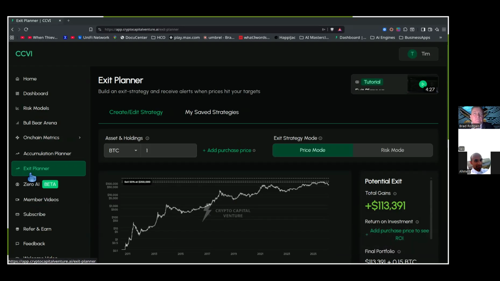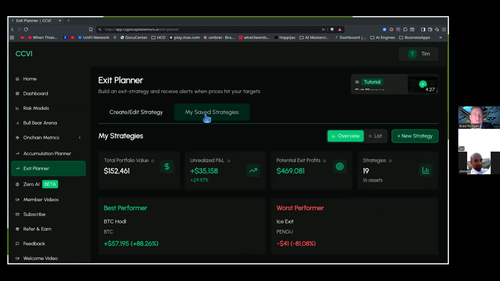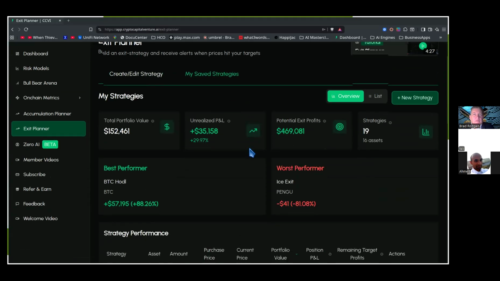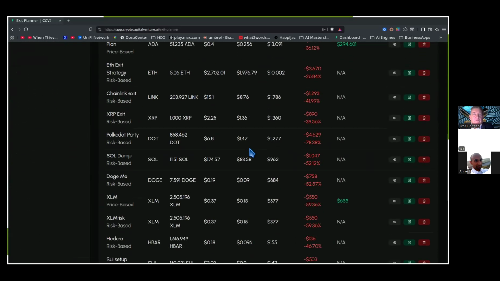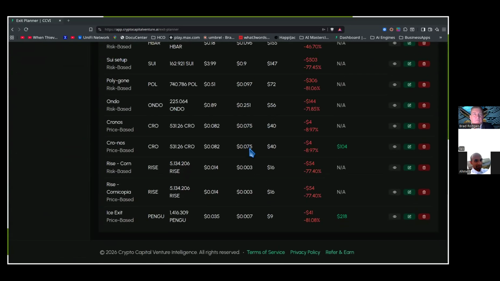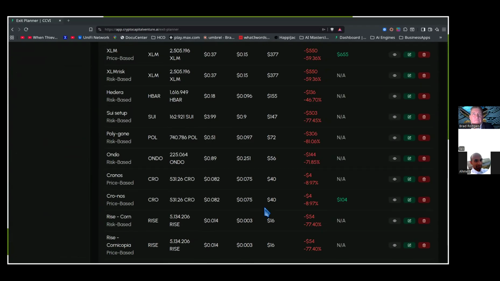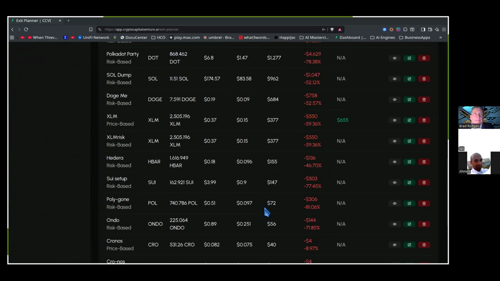And then a lot of these other things give you further insights into various things that you can do. And so inside of saved strategies, these are all of the different ones that I've entered in here for all of the different coins that I have. And sadly, what we can see is most of them are in the negative.